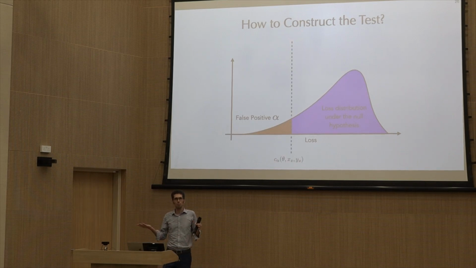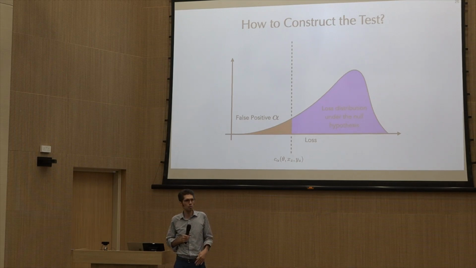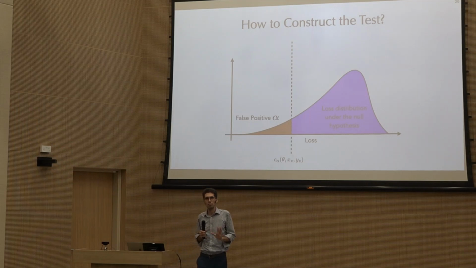So compute the distribution, see how much you want to tolerate, that region would be your alpha, and the quantile associated with that will be your threshold. So now you know that if you say member under this threshold, with probability alpha you are going to make a false positive error, according to the empirical estimation that you make. Clear?